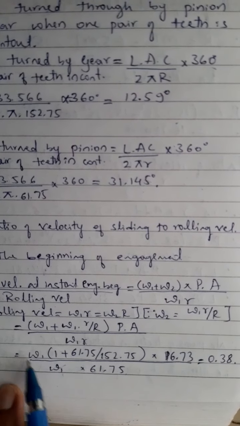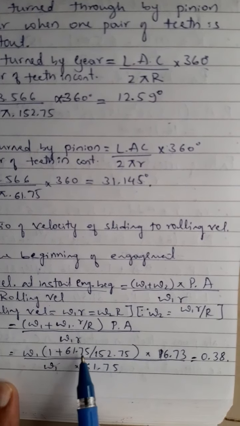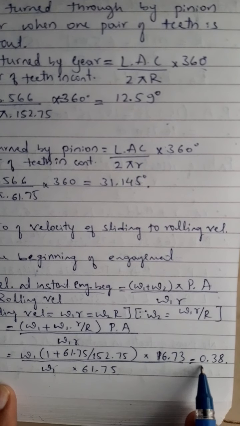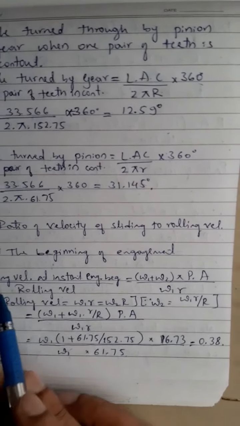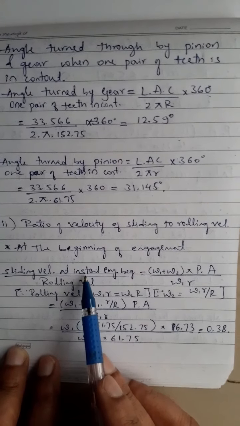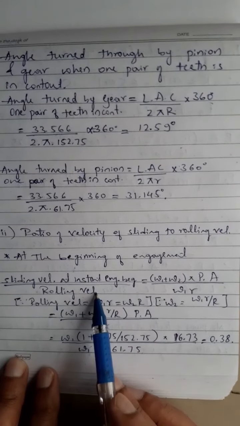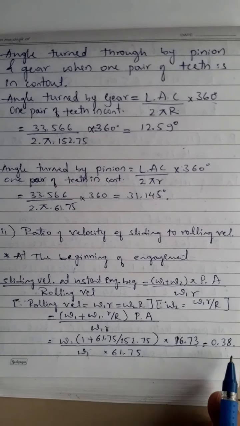These two parameters get cancelled, and by calculating the remaining parameters we get 0.38. This is the ratio of sliding velocity at the instant engagement begins to the rolling velocity. This ratio value is 0.38.